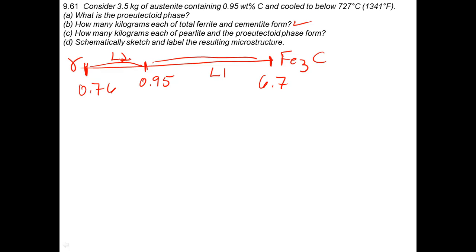Now we're trying to calculate the amount of perlite initially, and we can do that by recognizing that all of the austenite will transform to perlite. So if we calculate the mass fraction of austenite just above that eutectoid temperature, that will equate to the amount of perlite that's going to form.